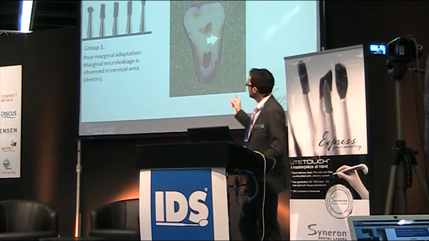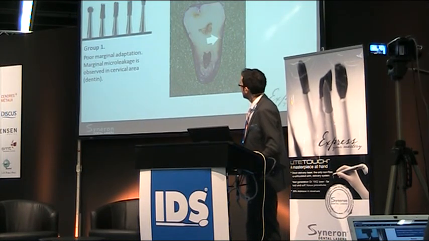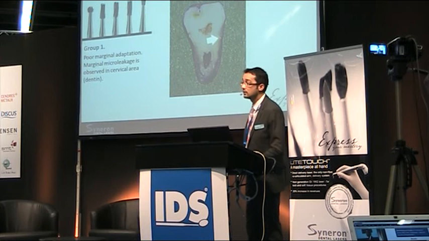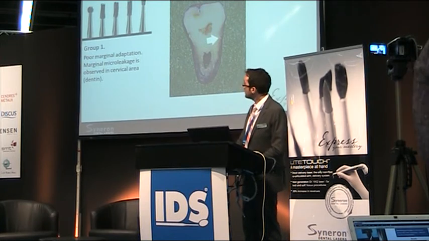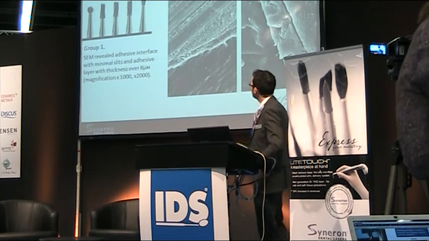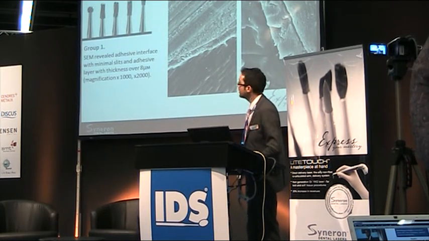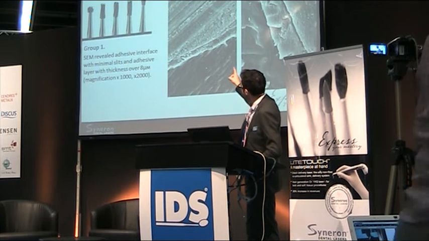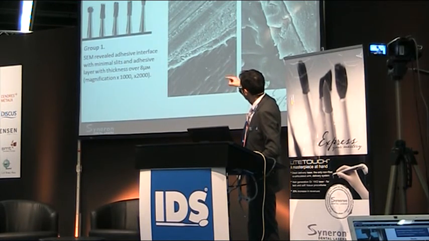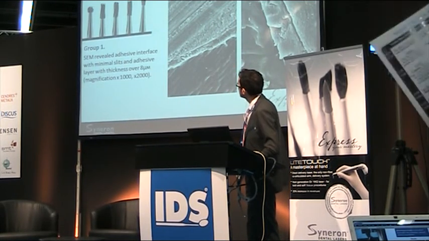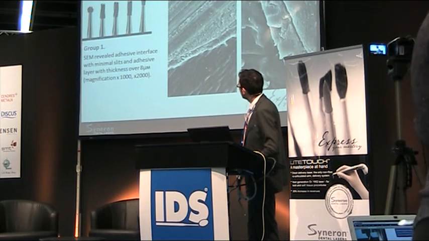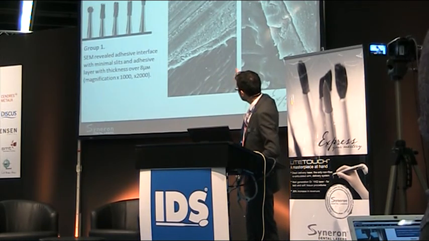Of course, there is a poor marginal adaptation, especially in the cervical third, and this poor marginal adaptation could be explained with this very thick adhesive layer. You can see on the upper side is the composite material, this is the dentin, and this is the border.